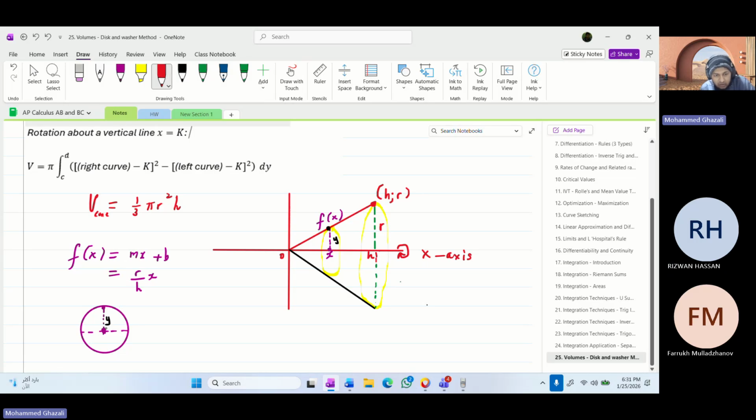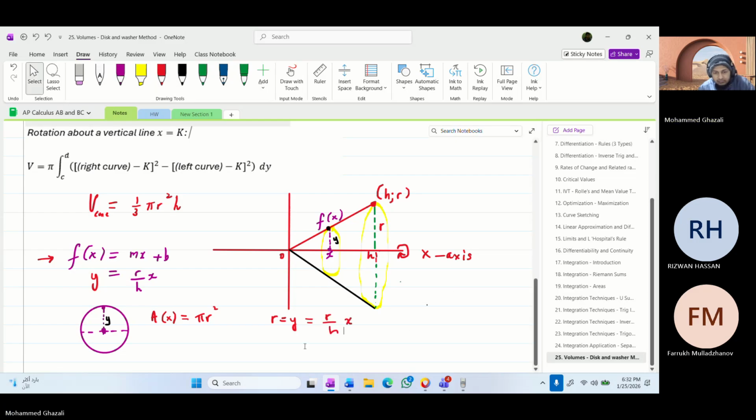So now let's write down the cross section of this. What's the area of this cross section, the entire area? This is called the disk method. Area is equal to pi r squared. But what is r equal to? R is equal to y, which is a function in x, which is r over h x.